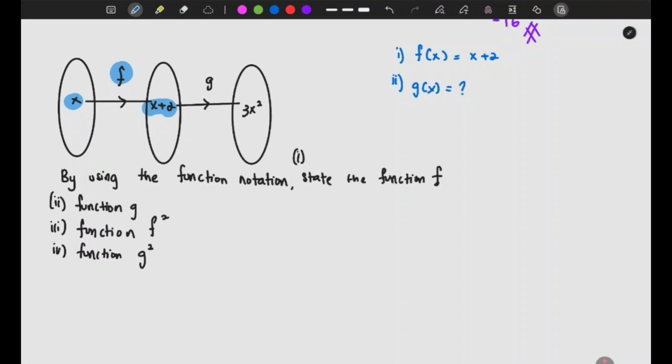They actually do the mapping from one to another one more. They draw a bridge for you and tell you very nicely. Sometimes they don't. So when they don't tell you, you need to assume there is a shortcut bridge. So go from here to here. And what is the function that represents from the x to 3x squared?